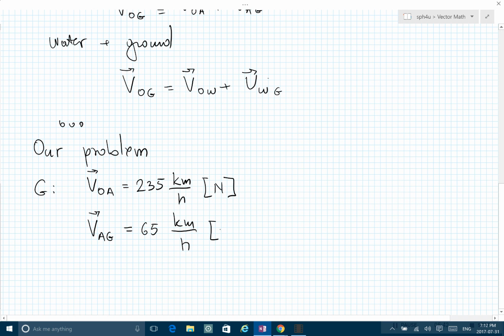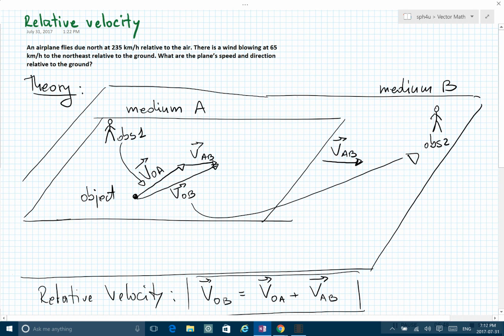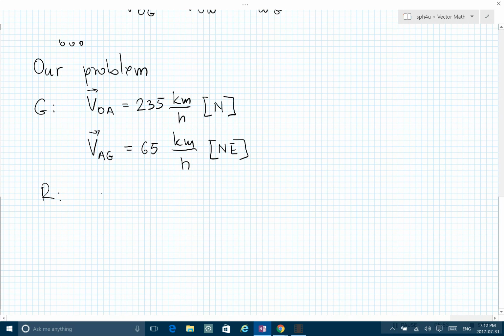And it says it's northeast, which means north 45 degrees east. And what is required from us is to find the velocity of the airplane with respect to the ground, which means we're looking for the speed, or in other words the magnitude, and some direction with respect to the ground.